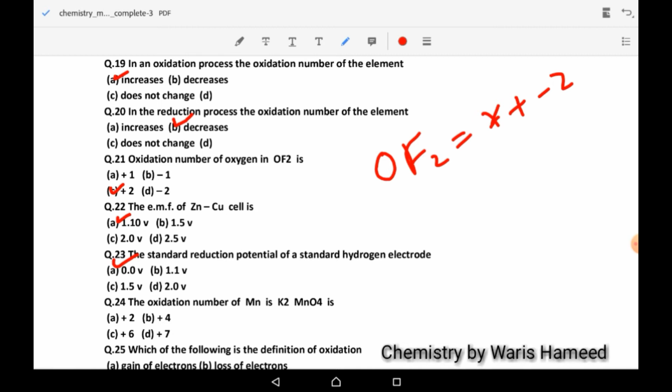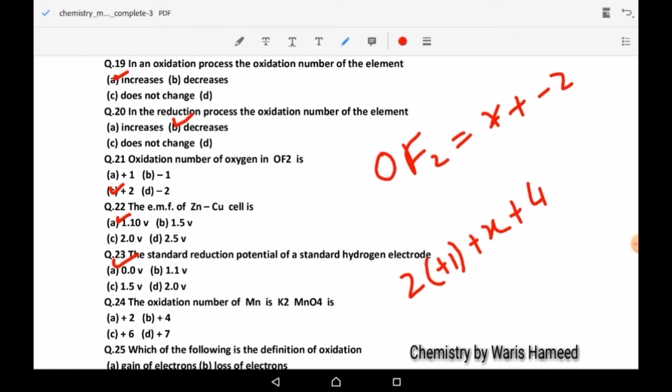Potassium has +1 and oxygen has -2, so we can write 2(+1) + X for Mn, and 4 oxygen will have -8, and +2 - 8 gives -6, so Mn is +6 to balance it.